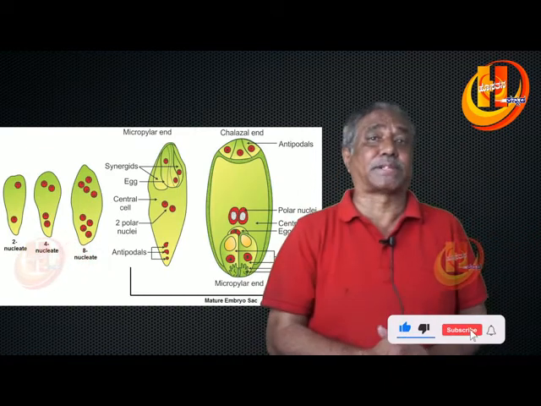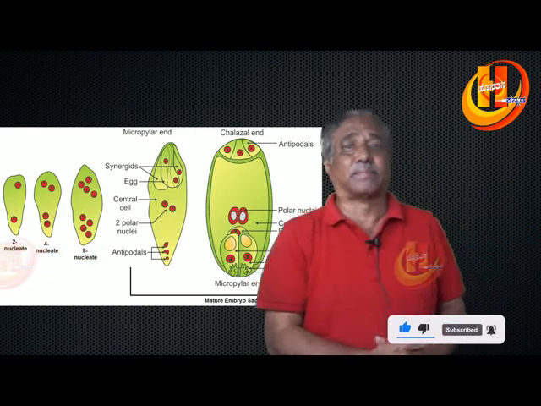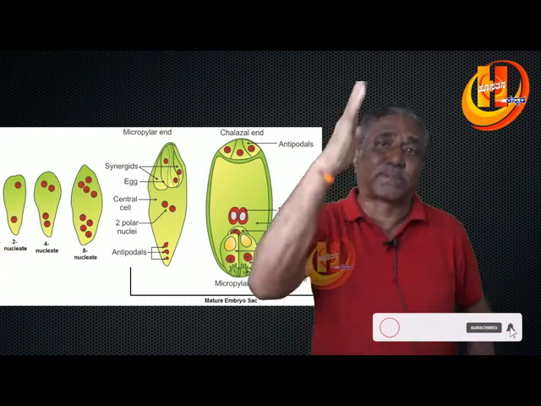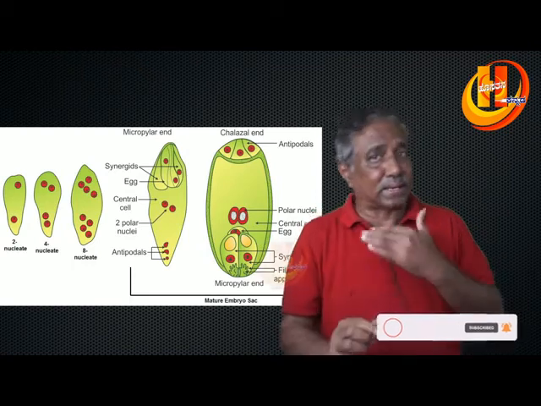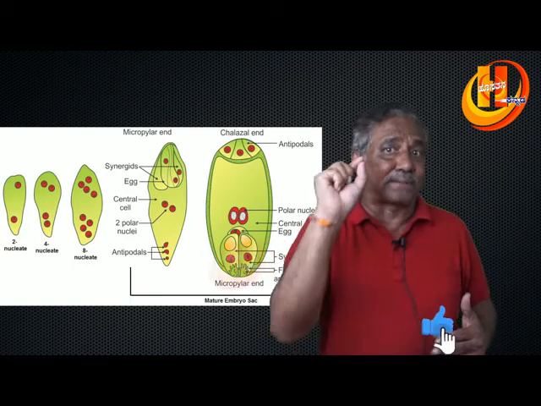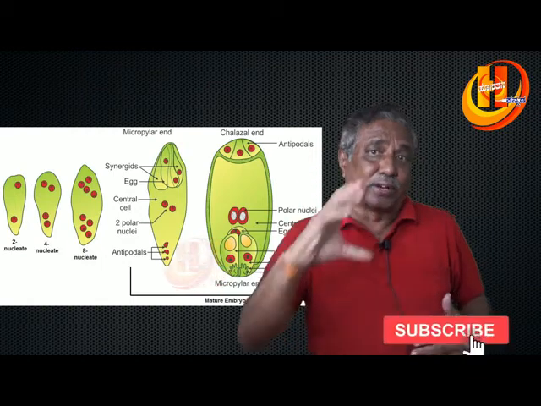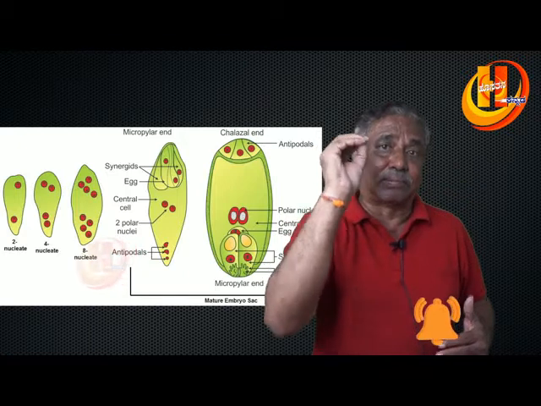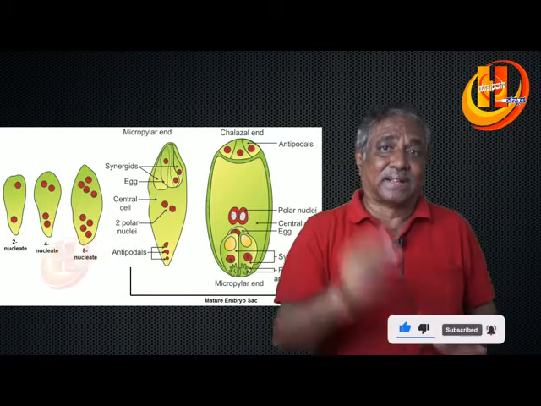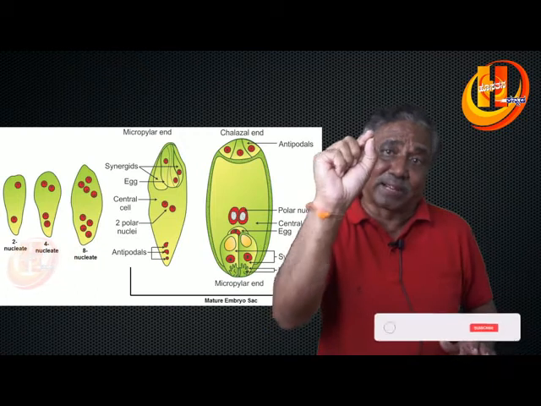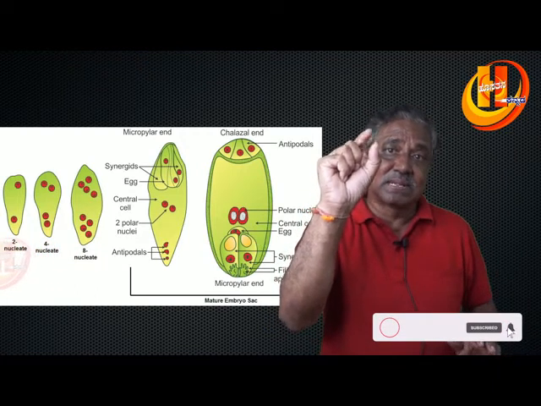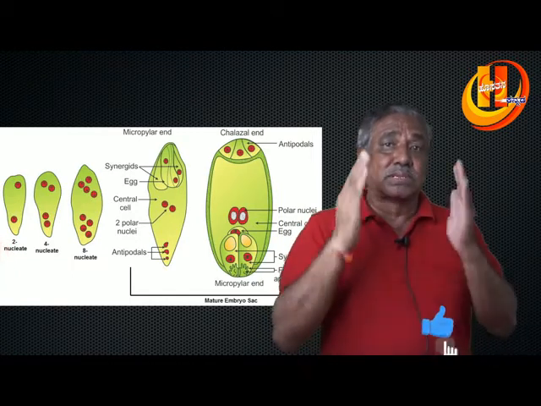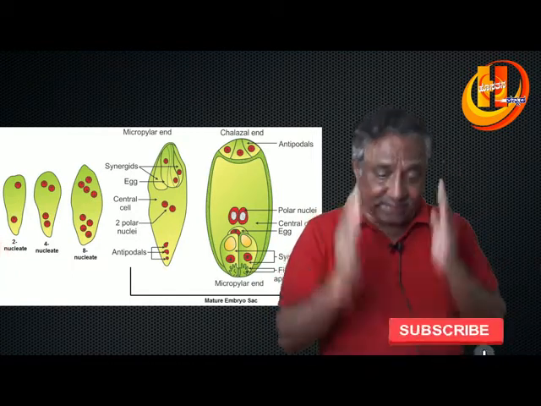How the development takes place. This is also very important. See, one of the cells present in the nucellus. This is not given properly in the book, but remember it well. One of the cells present in the nucellus during the development of the female gametophyte, that is the female embryo sac, develops into the MMC, megaspore mother cell.